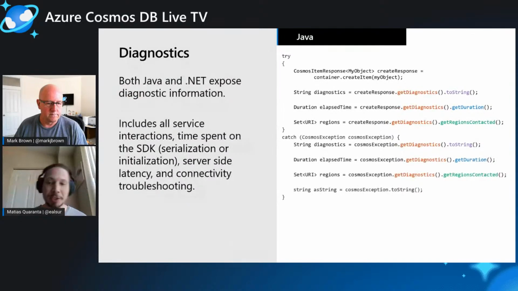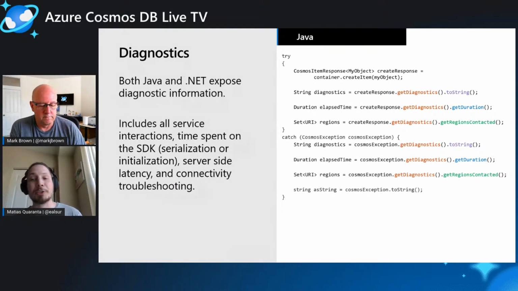You still get the duration, you still get the regions contacted, and you still get the serialization of these diagnostics also in Java. Now that we know this information is available, the biggest question is: as a customer or user, should I store this information on every request?